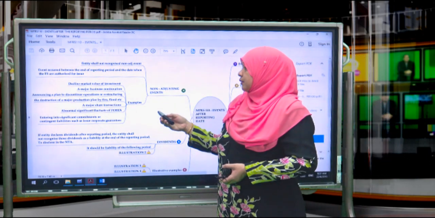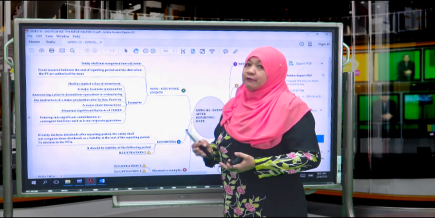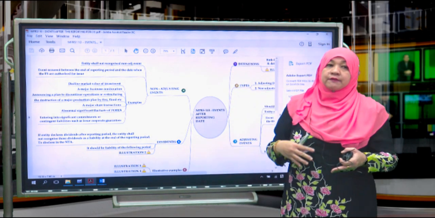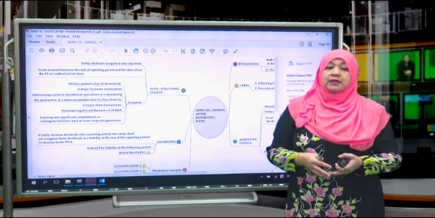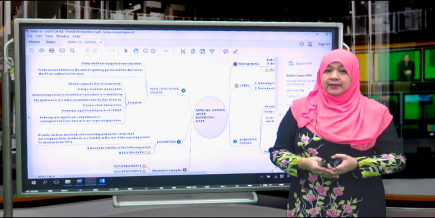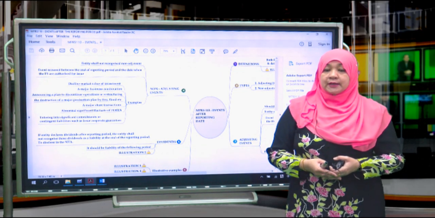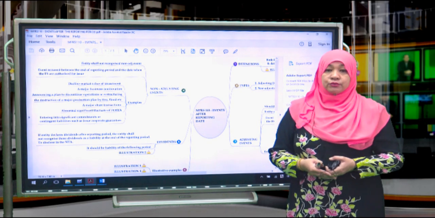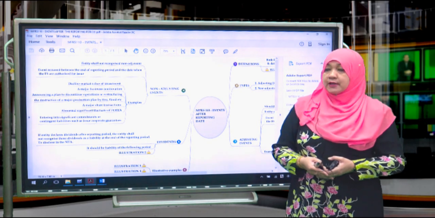Okay. Now, if you can recall, adjusting events are events that need to be taken into account in our previous financial year end in order to present a more reliable and true value of the financial statements.